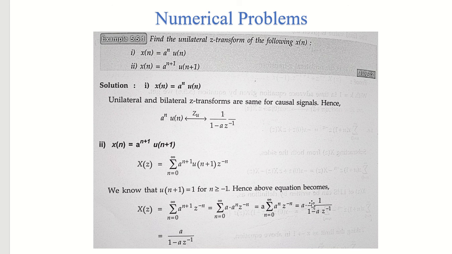And based on that we can write 1 divided by 1 minus a z inverse. So my final answer will be, because a was in multiplication, the z transform of x of n will be a divided by 1 minus a by z, or a divided by 1 minus a z inverse. So that was your numerical problems related to z transform.